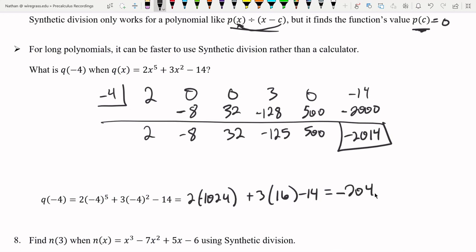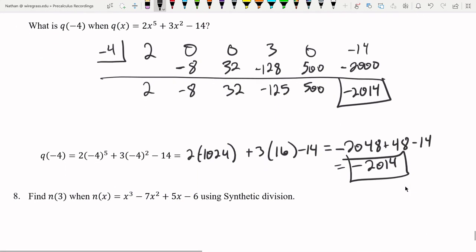Negative 2048 plus 48 minus 14 equals negative 2014. So we get the same thing no matter which way we did it, either using synthetic division or plugging it into the function and calculating using a calculator. Give it a try in number 8.